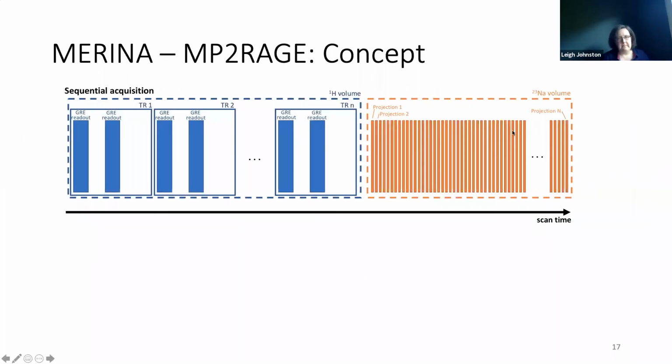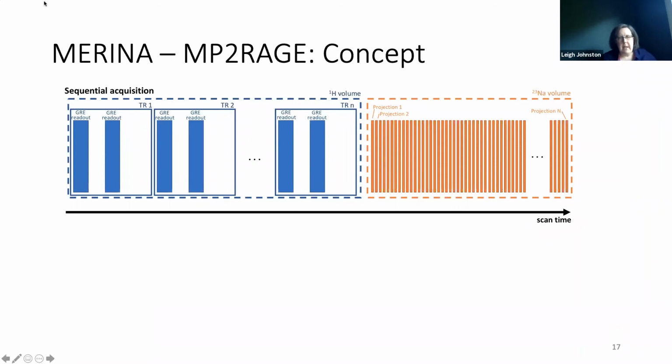So here's the idea. An MP2RAGE essentially falls into these blocks, and we talk about TR1 up to TRN. TR means the repetition time. So in an MRI scan, you're doing it every time you're changing slice. So there are blocks. Every solid block here is when you're actually doing the imaging, when you're actually reading out information.